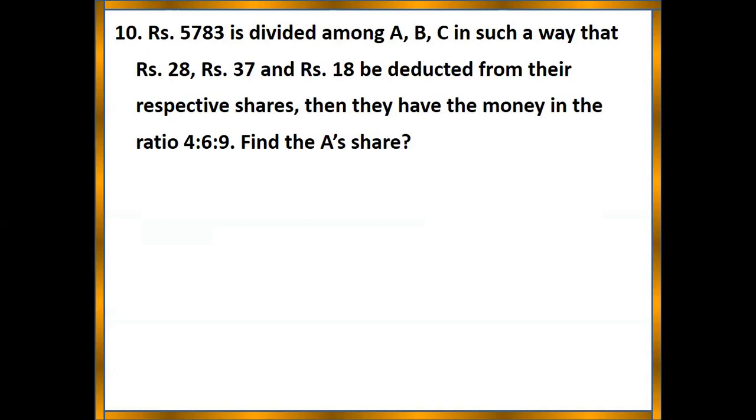Let us assume they have the money in the ratio after deducting 4:6:9, nothing but 4x, 6x, 9x.